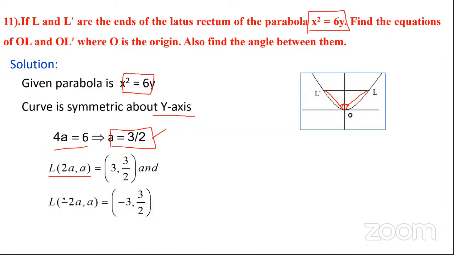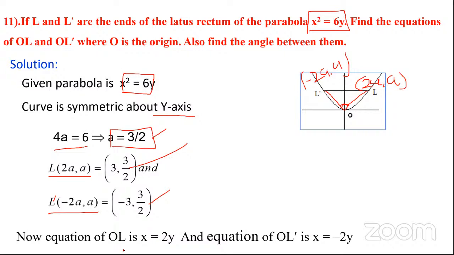The ends of the latus rectum are (2a, a) and (minus 2a, a). So L is (3, 3 by 2) and L dash is (minus 3, 3 by 2).